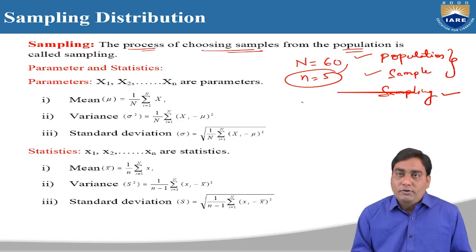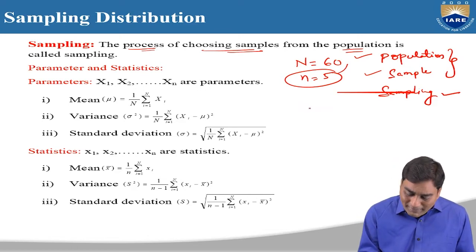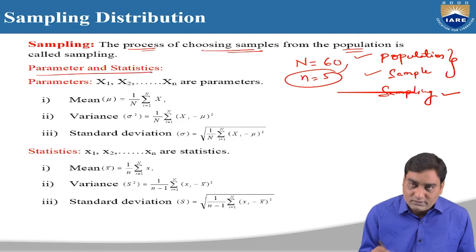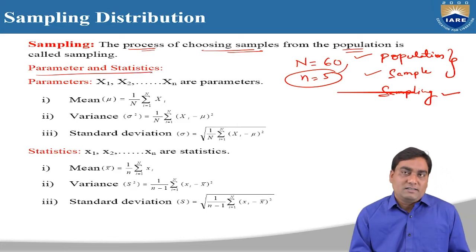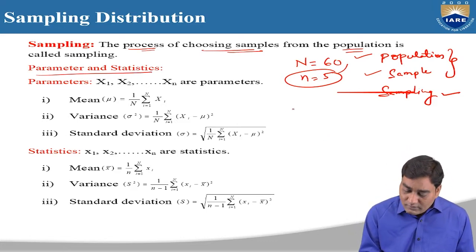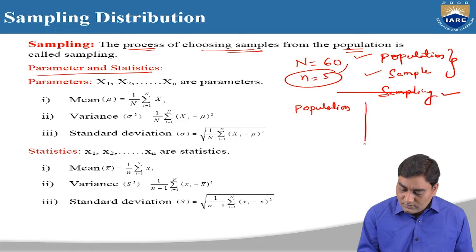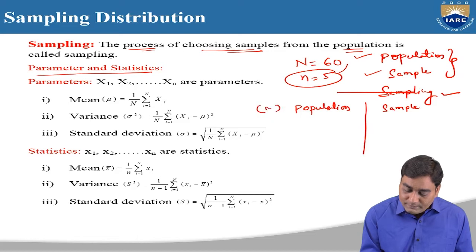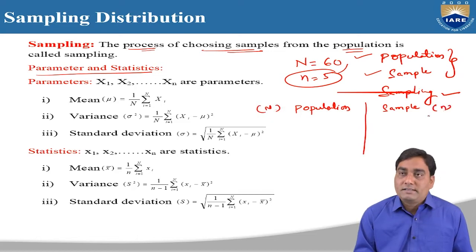Now, we are going to discuss parameters and statistics. What is the meaning of parameters and statistics? Suppose I consider population and sample. Population size is denoted by capital N and sample size is small n.